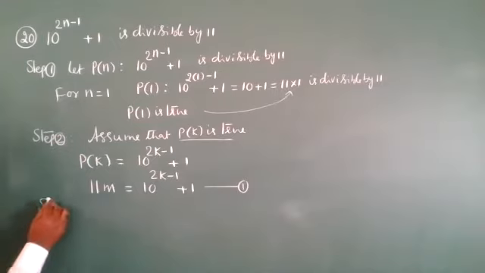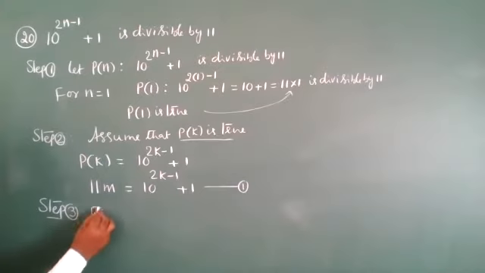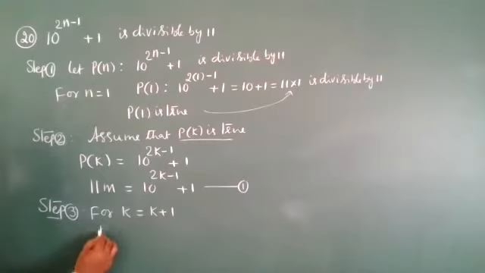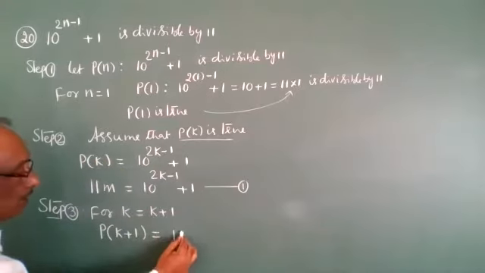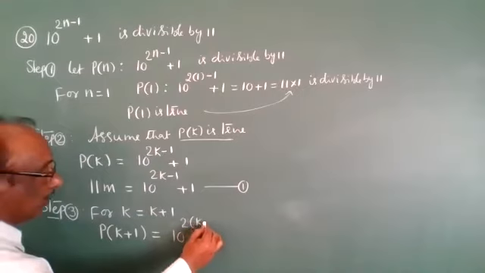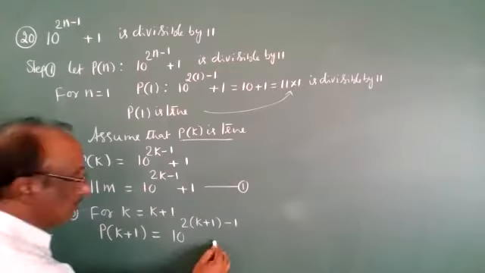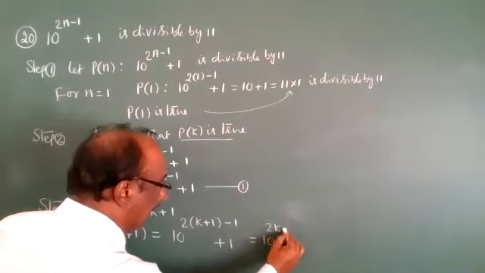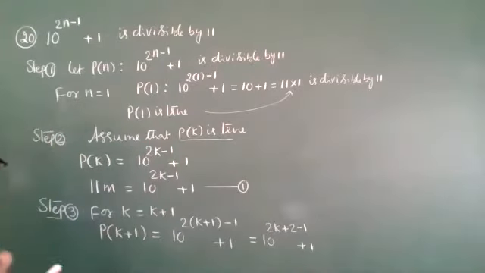Step 3. For k is equal to k plus 1, P of k plus 1 is equal to 10 to the power of 2 times k plus 1 minus 1, plus 1. Simplify: 10 to the power of 2k plus 2 minus 1, plus 1. Carefully observe.